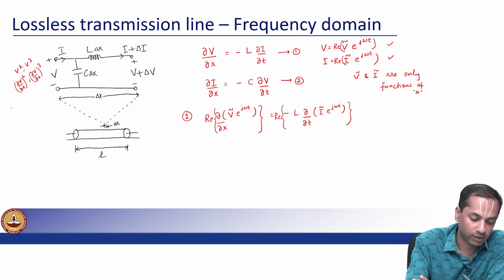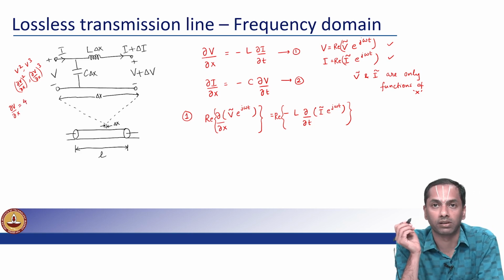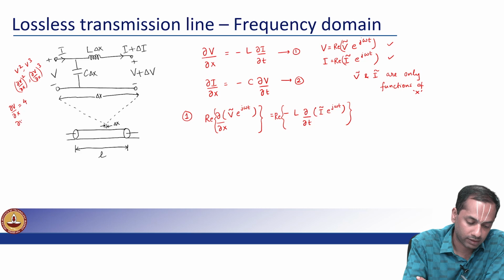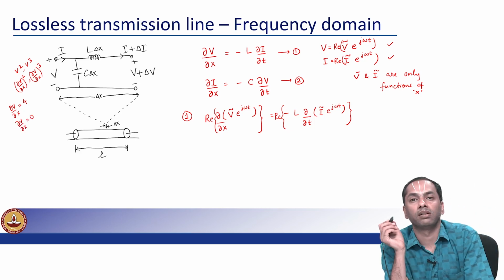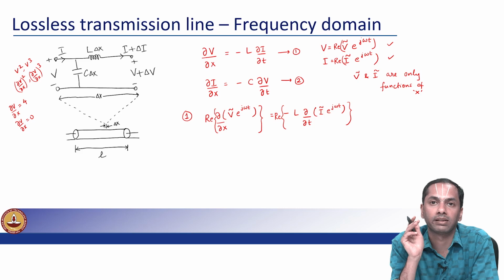So for example, dv/dx equal to 4 is not a homogeneous equation, whereas the same equation when equated to 0 is a homogeneous equation. So I should not have constant scalars within the equation. Then I can say it is homogeneous, right?